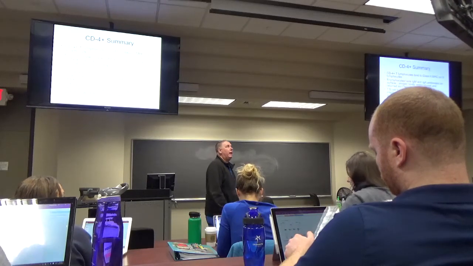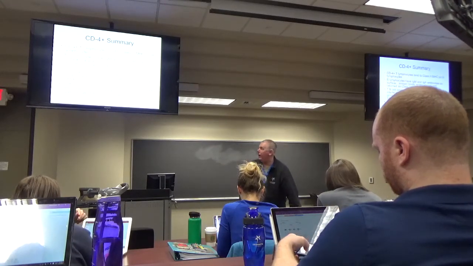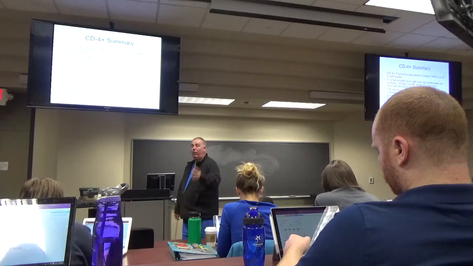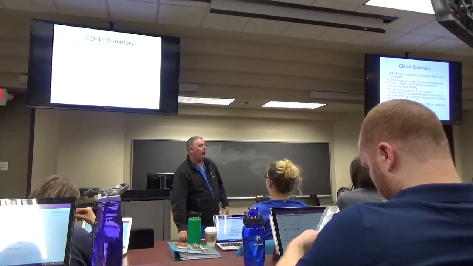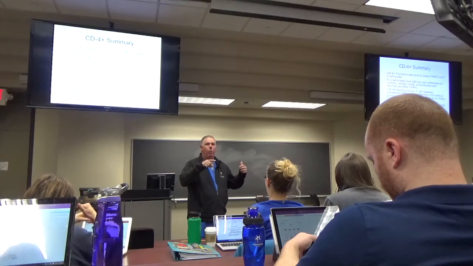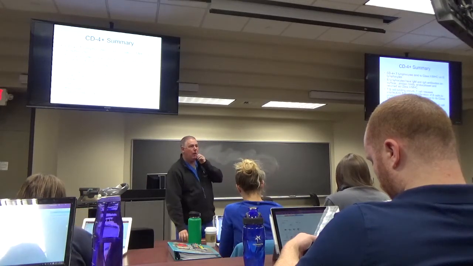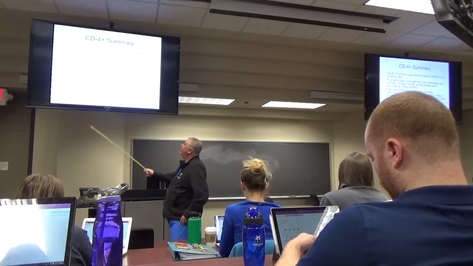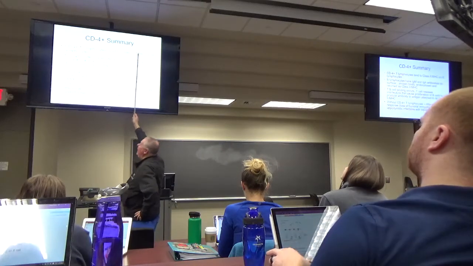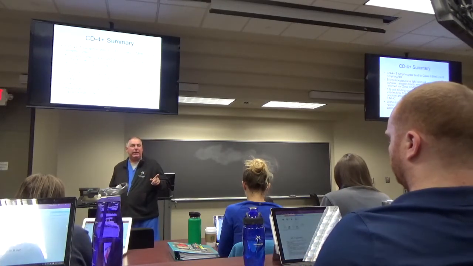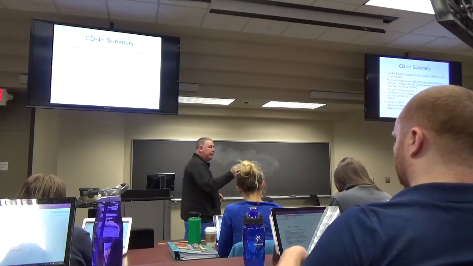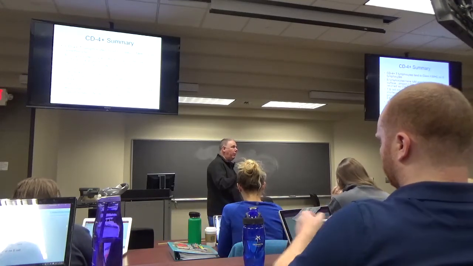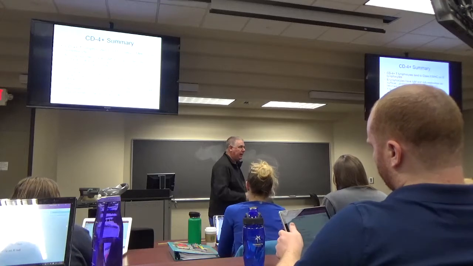Yeah. Okay, so here's a summary. Everything's summarized here. Now, when you get binding, what is the purpose of this CD4 and CD8? Well, here we go. CD4 only binds to class 2 MHCs, so they only bind to B lymphocytes.